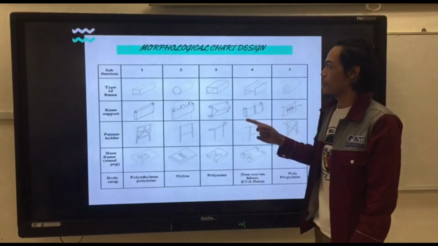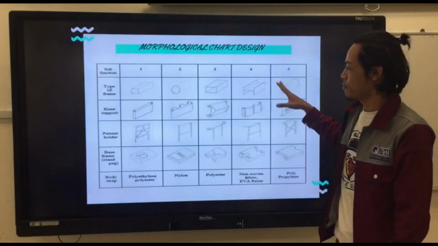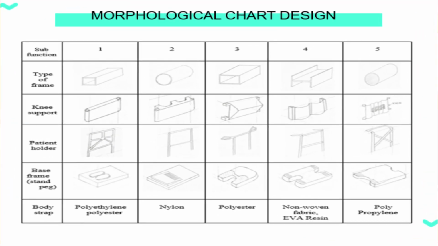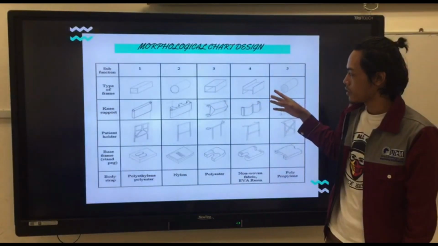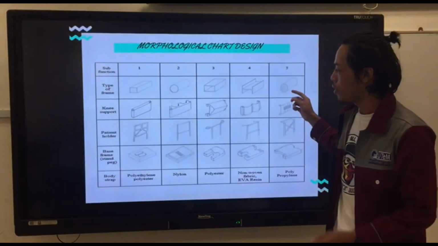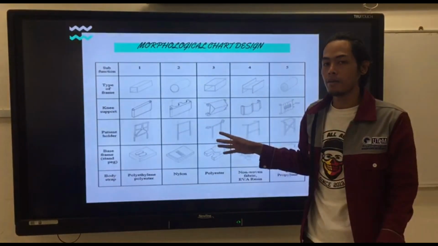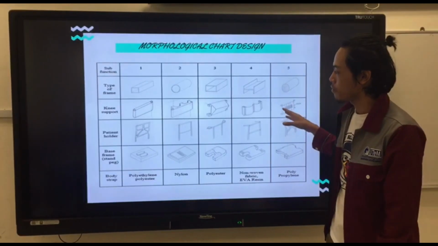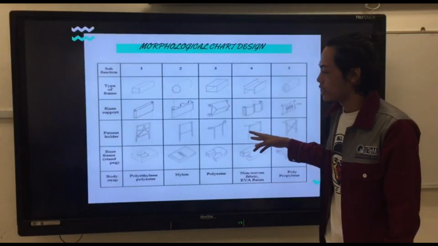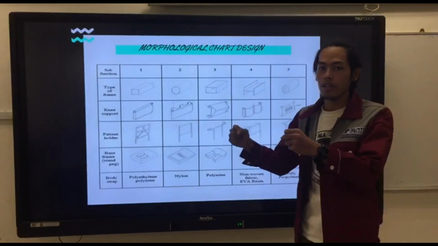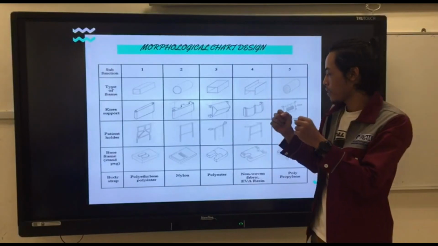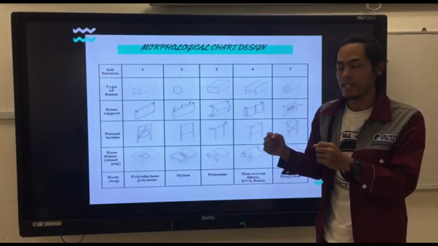Okay, now we're going to talk about the morphological chart we have made for the design that we need. The first row is the type of frame. There are 5 types of frame that we consider in our design. The next part is the knee support. Knee support is used for the leg and is the device that holds the patient from falling down. The third one is the patient holder that we use to hold the patient, that holds our device, and is also for the user to grab to move the device.